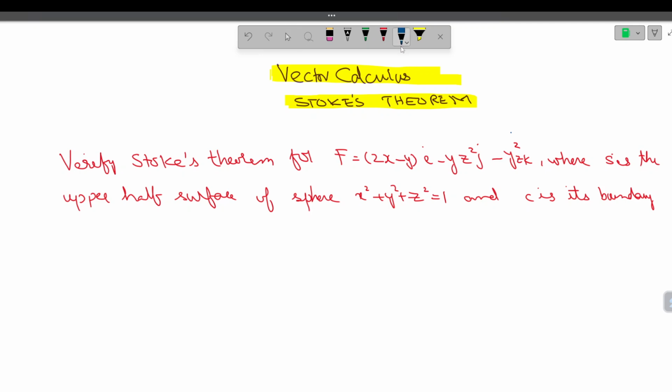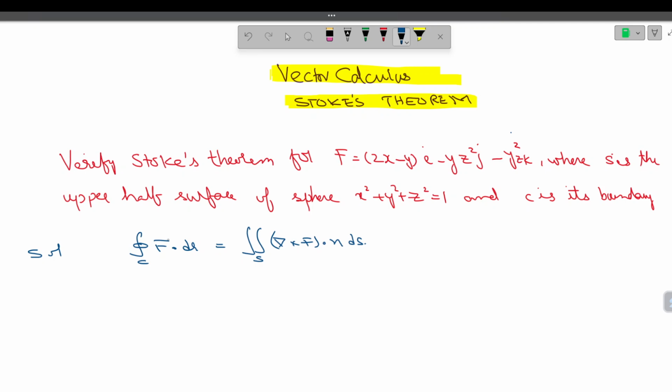So we have to verify Stokes theorem. What is Stokes theorem? The integration taken over the curve C, f dot dr, equals the integration taken over the surface, del cross f dot n ds.